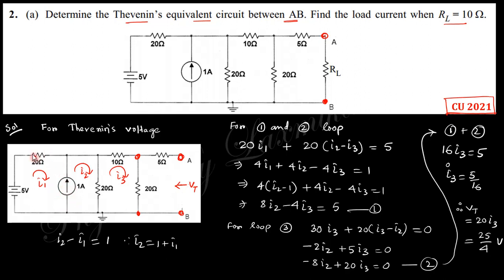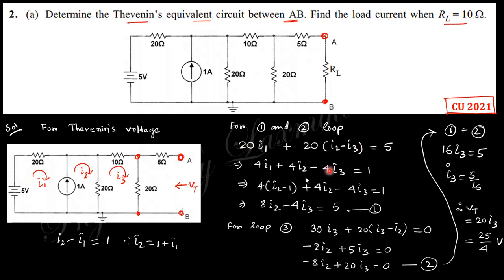That's why we take the loop where the resistance and voltage are actually present. Within this resistance flows I1, so 20 I1; within this resistance 20 times I2 minus I3, with I2 in that direction and I3 in the opposite direction. The voltage source supplies in the same direction, positive is the same direction, that's why 5.